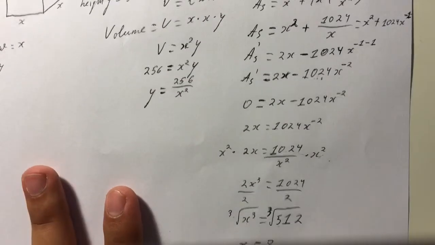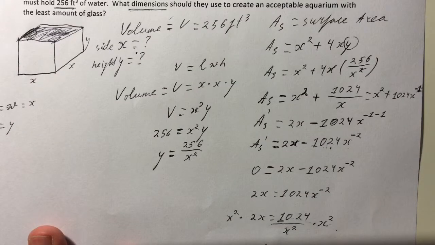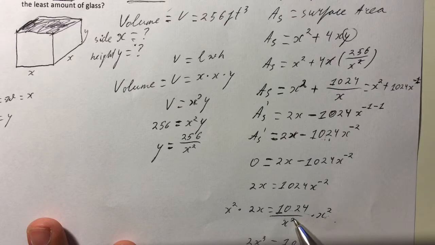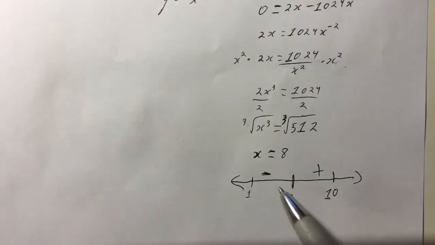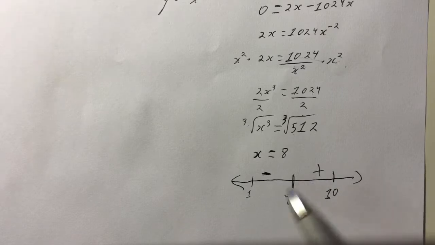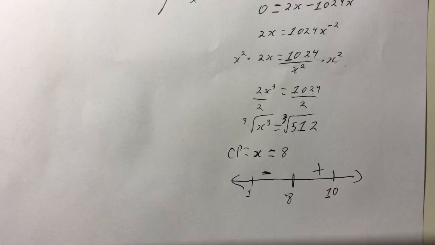And whenever you plug in, let's say we plug in 10. Whenever we plug in 10, it comes out to be positive. And I'll show you on the number line right there. So by first derivative test, since the derivative changes from negative to positive at this critical point, right?